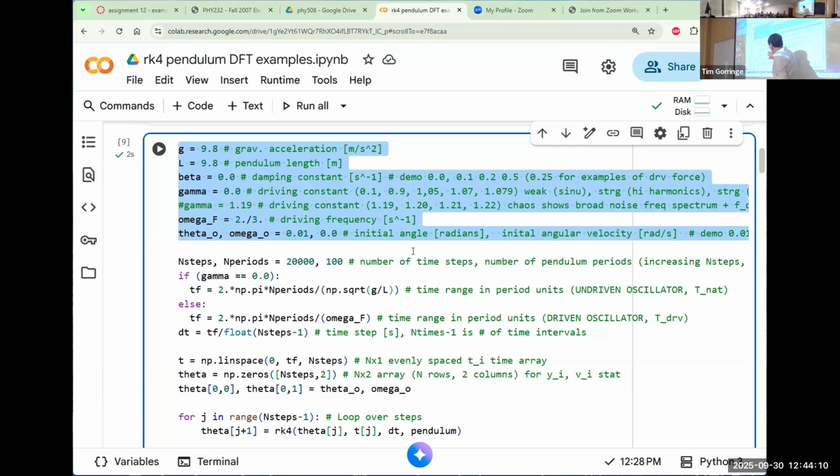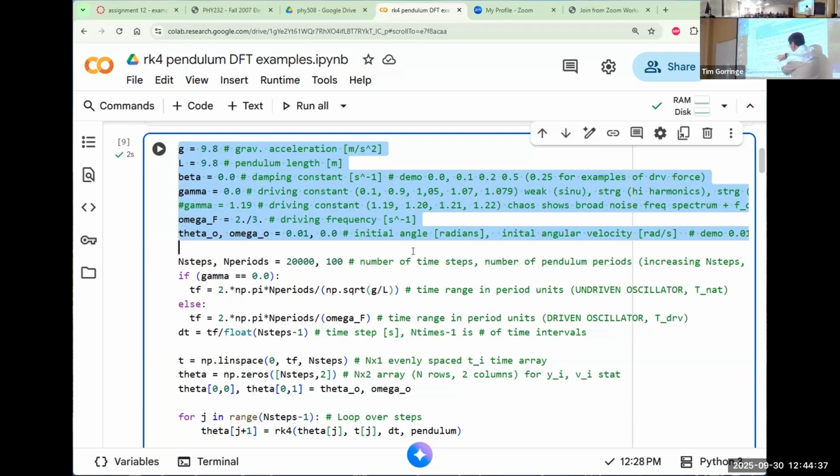Then downstairs here, I'm defining my dependent variable, that's time, with the number of ticks and the range that we just specified. I'm initializing my dependent variable theta that is going to contain the theta in radians and the omega in radians per second here, and I'm setting the initial values of it.